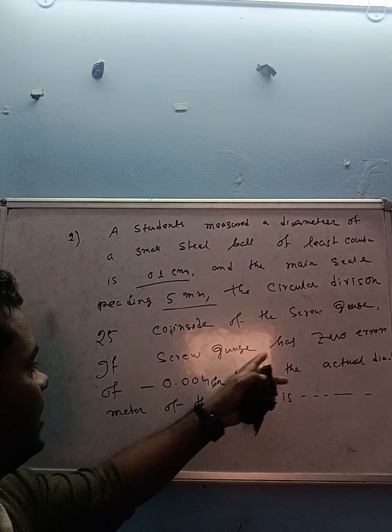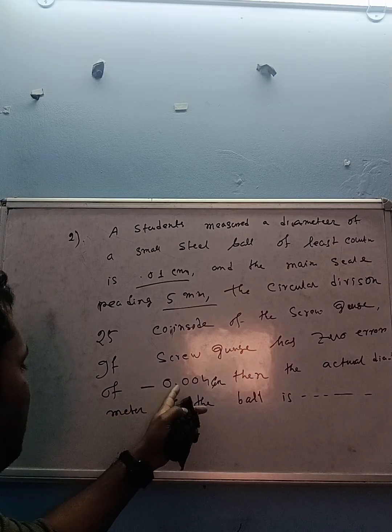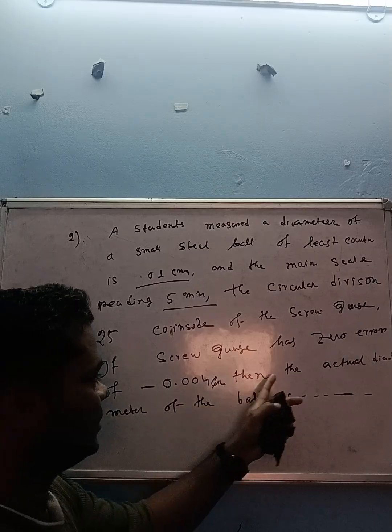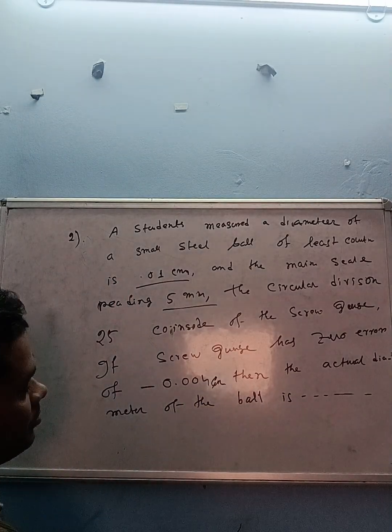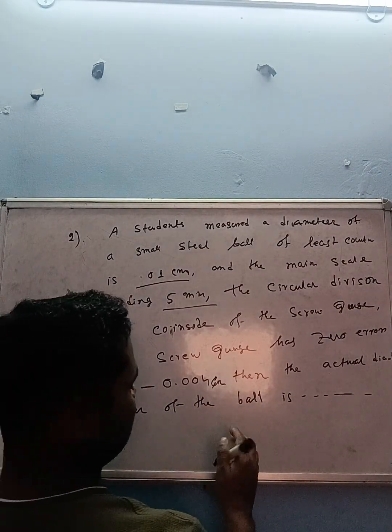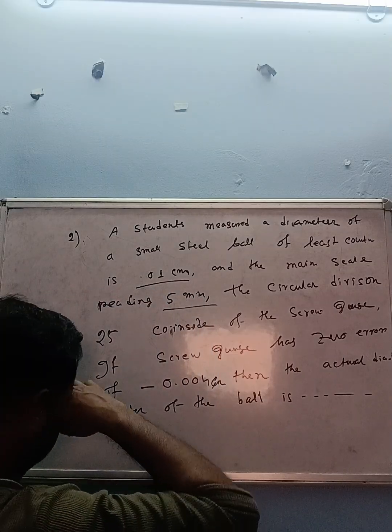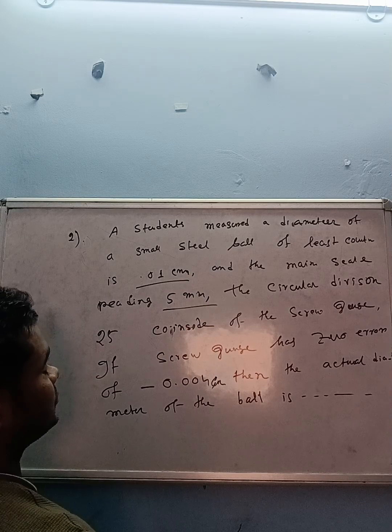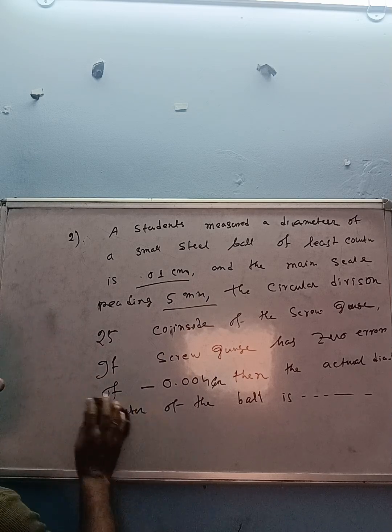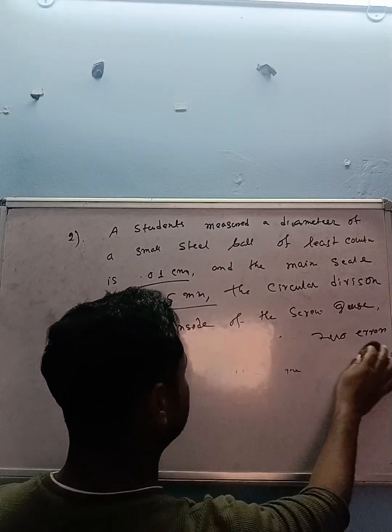If the screw gauge has a zero error of minus 0.004 centimeter, then what is the actual diameter of the small steel ball? Pause and note down the question, after that we answer. Okay, next.